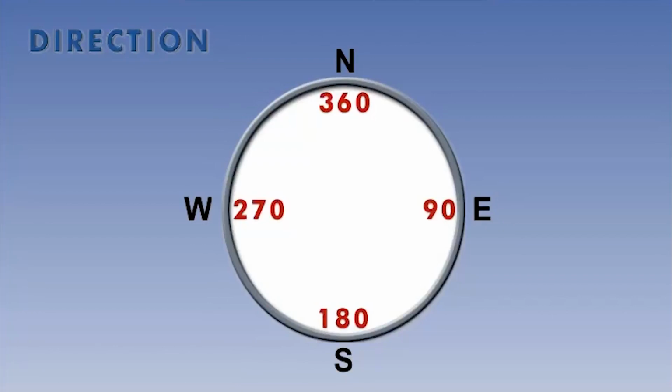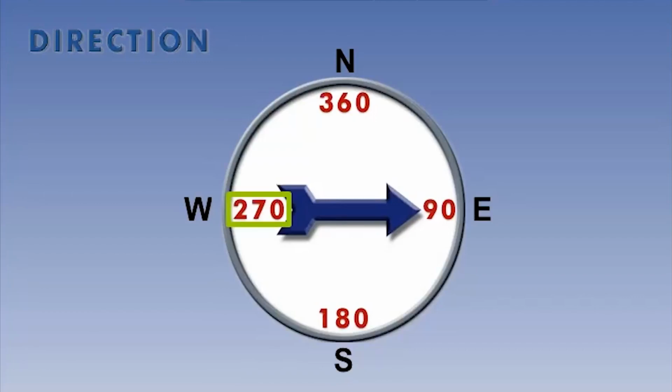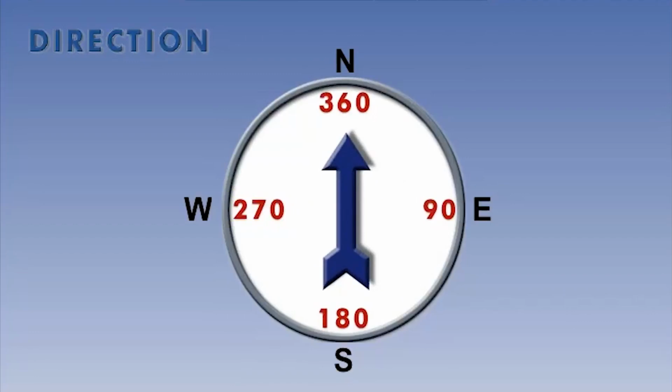For example, a wind blowing towards the east is given a direction from the west, and would therefore be shown as having a direction of 270 degrees. A wind blowing towards the north, in other words, coming from the south, would be shown as having a direction of 180 degrees.